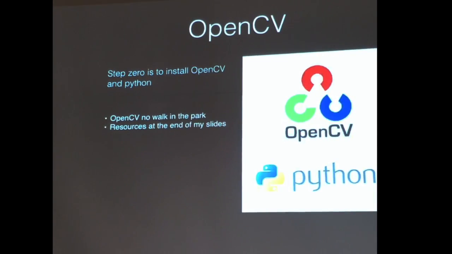So one of the main tools is OpenCV, CV standing for computer vision. This is no walk in the park to deal with in terms of installing it on your computer. I will gladly admit that it took me a day and a half to get it fully implemented. They don't make it easy. There's not really a Docker container for it yet.